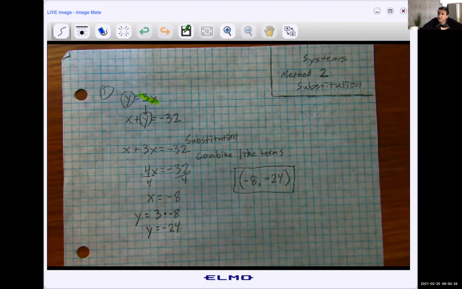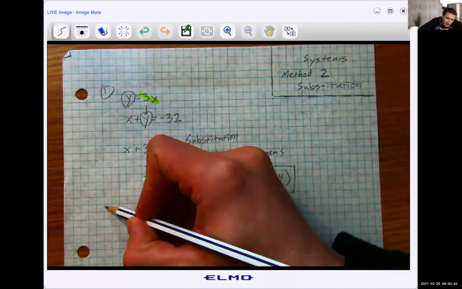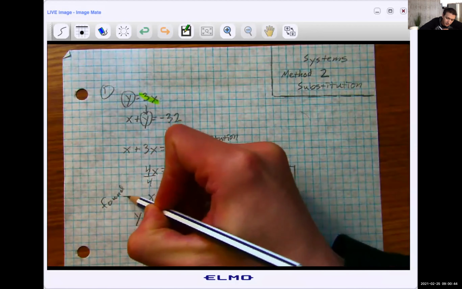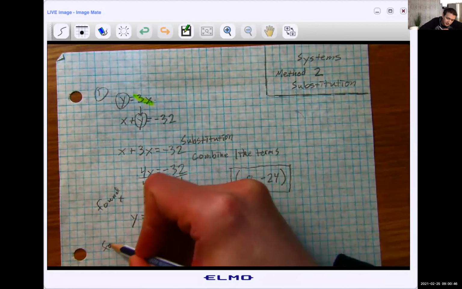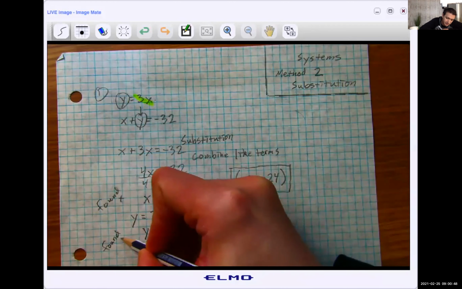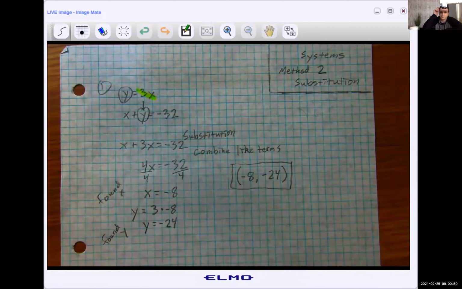Questions, comments, concerns, wonderings? We found x, and then we used it to find y. How do you feel about this method? What are your thoughts?